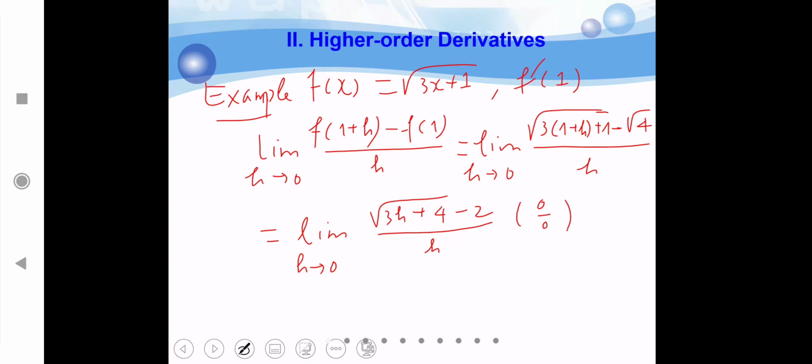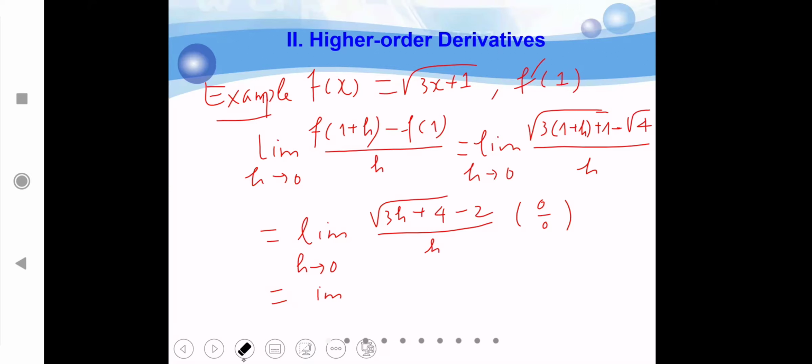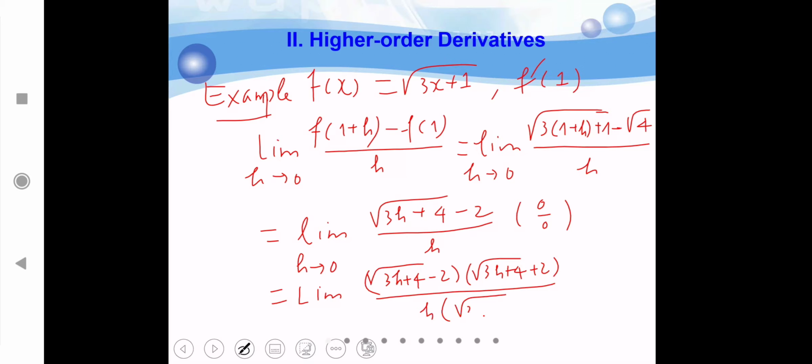Zero over 0 and equal the limit of (square root of 3h plus 4 minus 2) times (square root of 3h plus 4 plus 2) over h times (square root of 3h plus 4 plus 2). Okay.